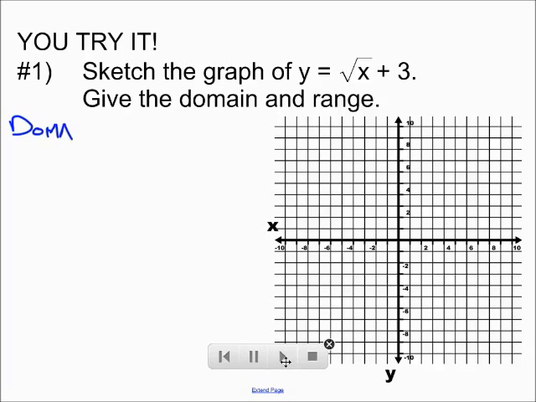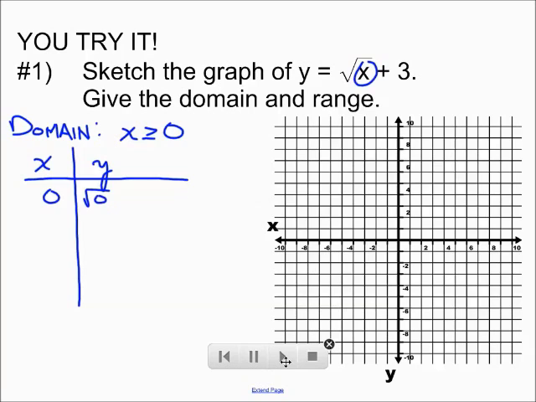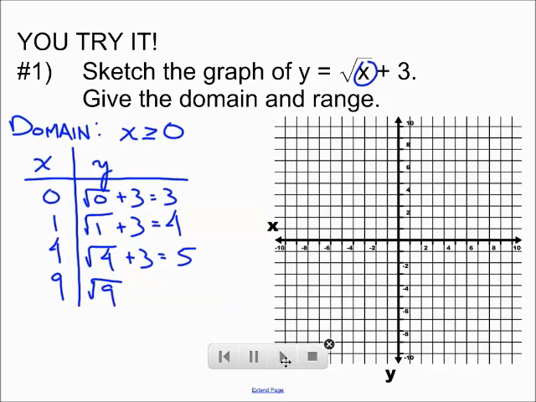Okay, so our domain is going to be x has got to be greater than or equal to 0. So I'm going to plug in some perfect squares like 0, 1, 4, and 9. It starts at 3 and gets bigger, so our range is all values of y greater than or equal to 3.